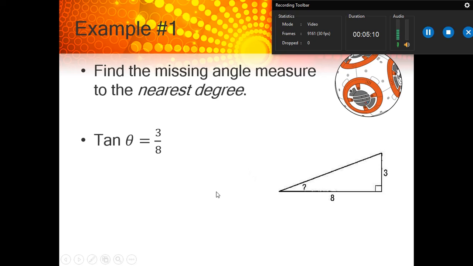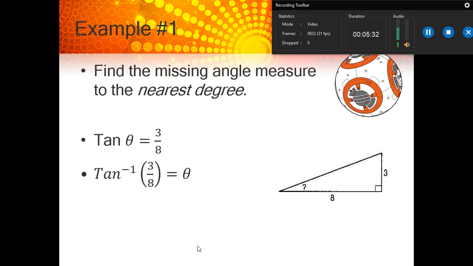Because we're missing an angle, we're going to activate our inverse keys on the iPad. We also show that on our work. So we write inverse tan, and when you use the inverse, we switch the position of theta and the ratio 3/8. So the ratio comes to the left, theta goes to the right. At this point, all you have to do is enter it into the calculator.